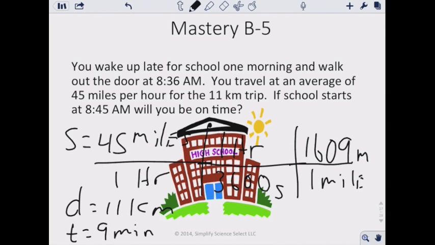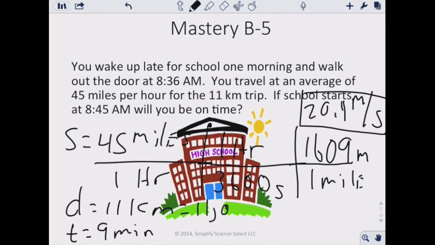So I have a speed of 20.1 meters per second. That's my speed. Now all I need is just meters. How many meters? Well, there's 1,000 meters in 1 kilometer, so that means that this is 11,000 meters.